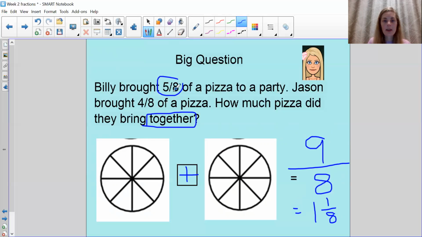If I take the 5/8, which is Billy's, 1, 2, 3, 4, 5, and I take Jason's slices and add them to this piece here, and he's got 4, 1, 2, 3, and he's going to have an extra 4. You will see there that I have one whole pizza they've brought together and one little slice there. So there is the one whole pizza. There is the one slice left over out of the 8 in total.